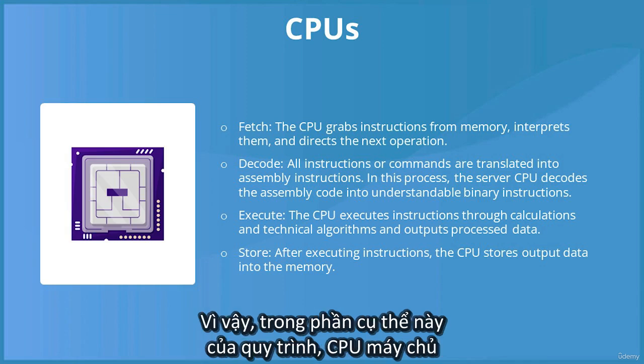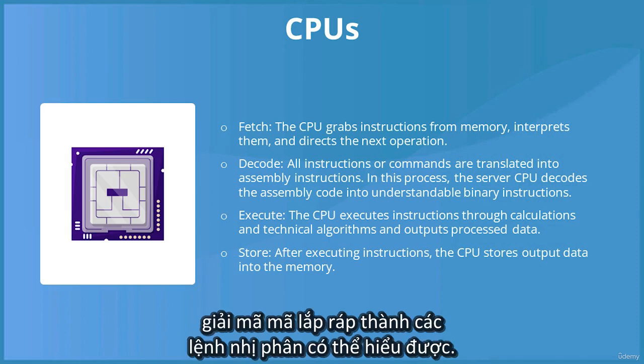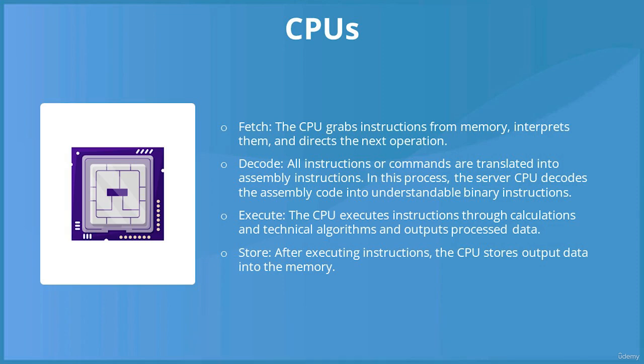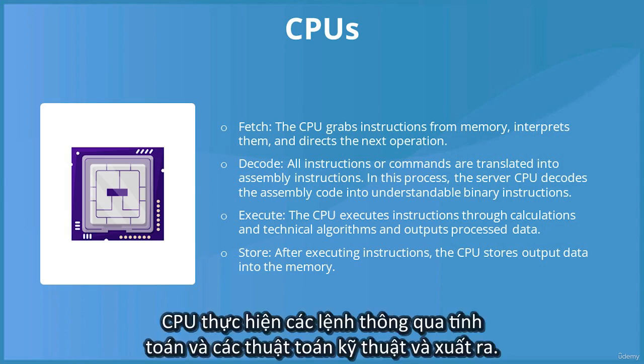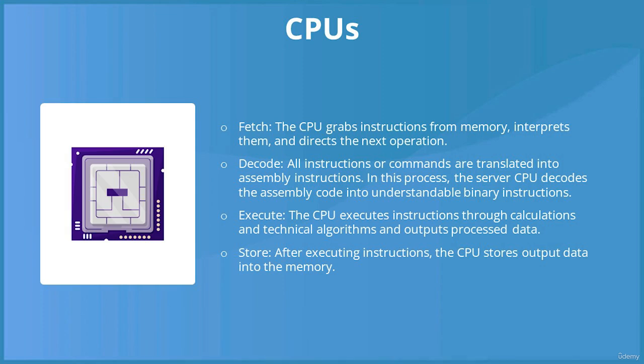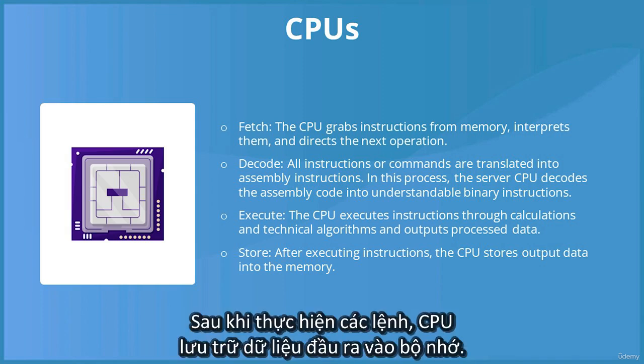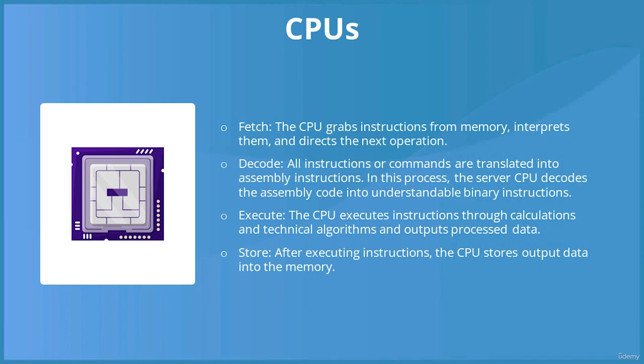So in this particular part of the process, the server CPU decodes the assembly code into understandable binary instructions. Execute, the CPU executes instructions through calculations and technical algorithms and outputs processed data. Store. So after executing the instructions, the CPU stores output data into the memory.